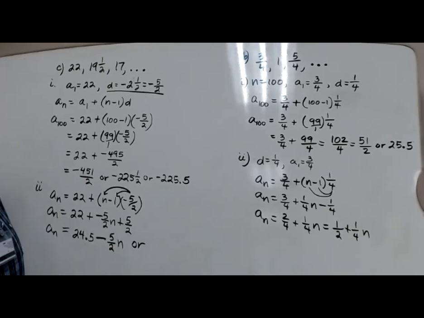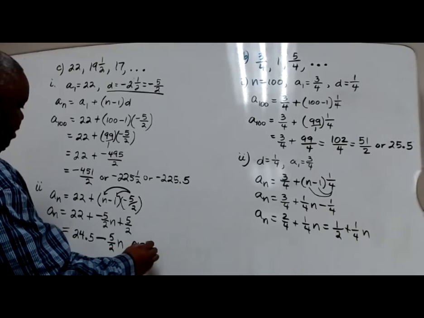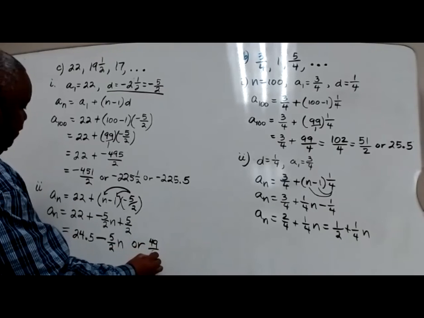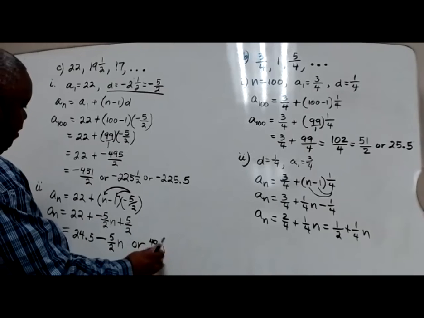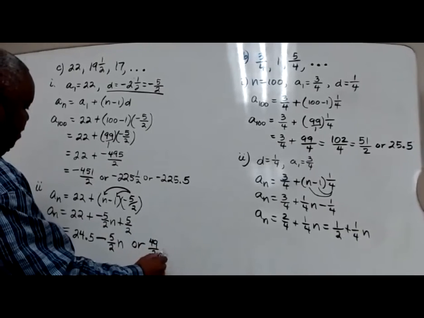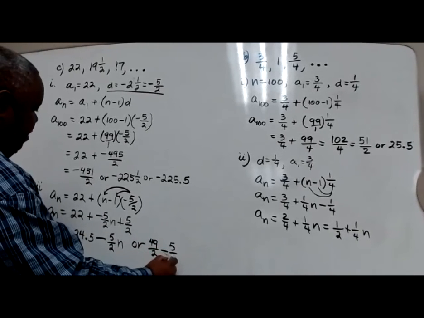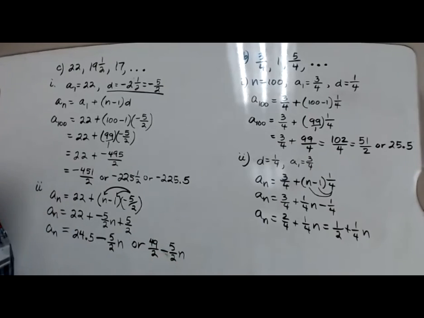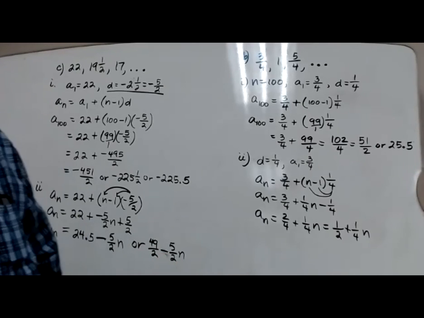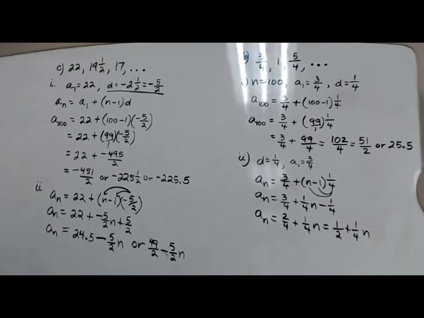If I wrote 24.5 as an improper fraction, it would be 49/2. So it'd be 49/2 minus 5/2 n. I wrote it 2 different ways.